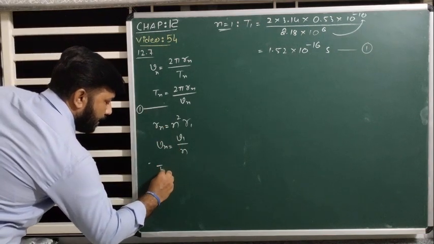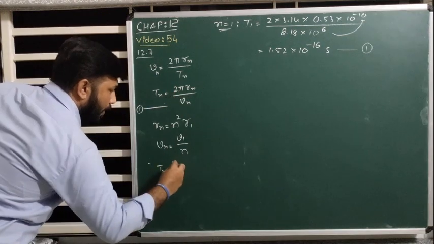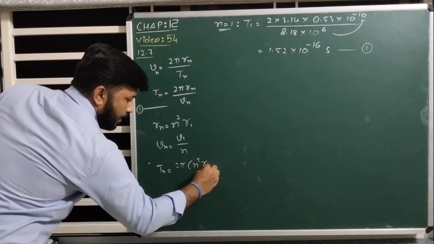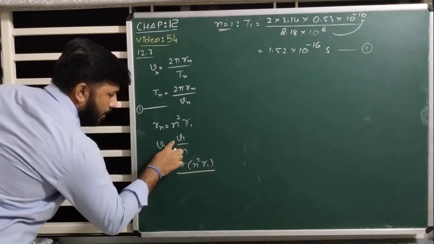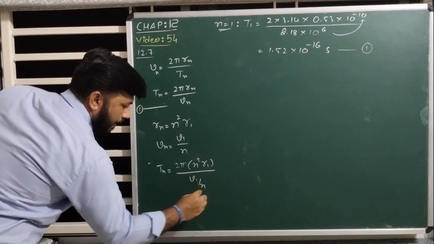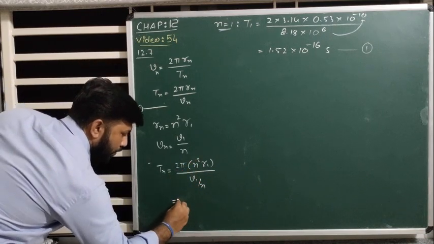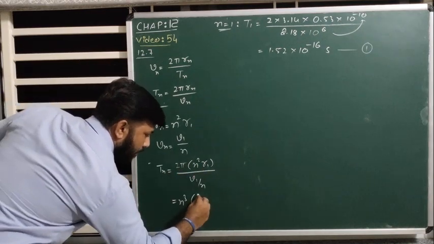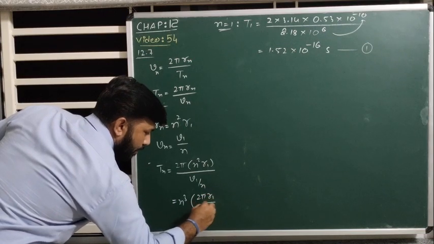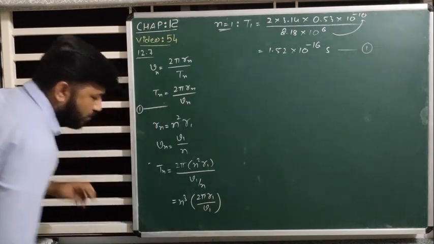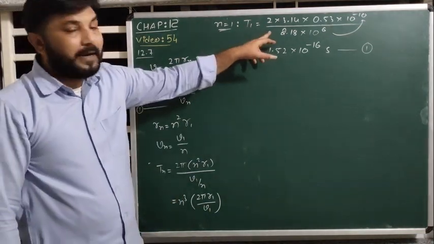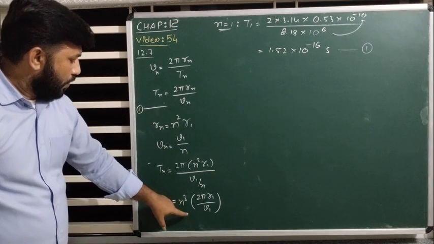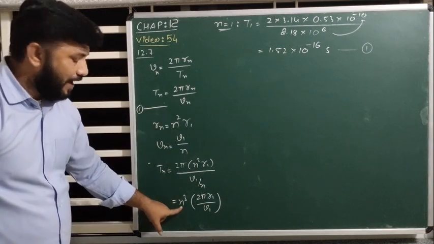So you will get Tn is equal to 2 pi as it is multiplied by n square R1 divided by V1 by n. So n will go up. So you will get n cube as it is, 2 pi R1 divided by V1, whose value we have already obtained here.